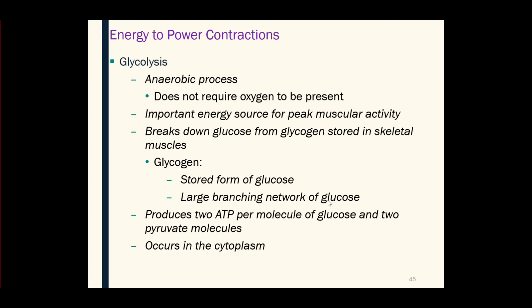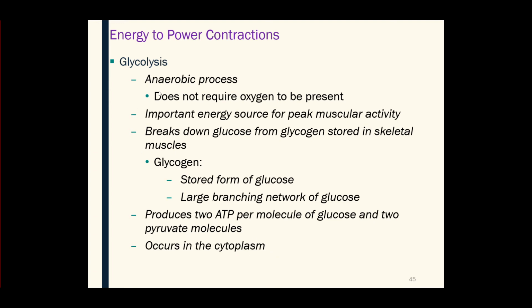Now, when we break down the glucose by this process known as glycolysis, we end up getting two ATP molecules. So for every glucose, we walk away with two ATP and two molecules known as pyruvate, right? So these are the end products of glycolysis. What do you need to know?